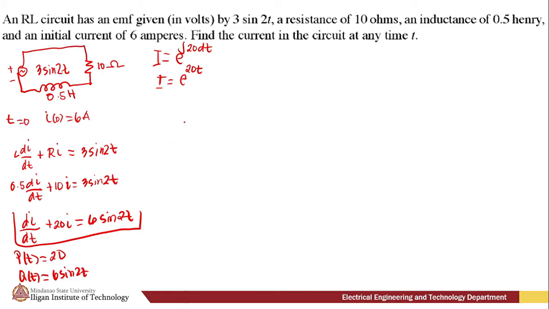Applying that to find the solution for a linear differential equation, we have the integral of d(i e^(20t)) equals the integral of Q(t), which is 6 sine 2t, times the integrating factor e^(20t) dt.